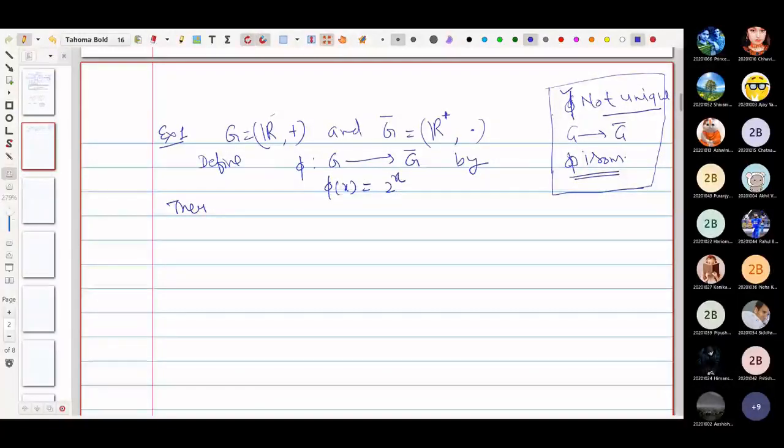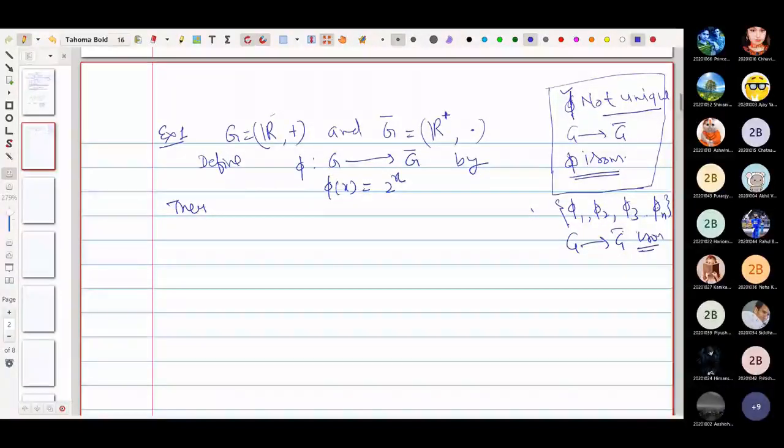So those phi can also be counted. When we put those functions together, suppose there is a phi 1, a phi 2, a phi 3, up to phi n, these are the functions from G to G bar which are isomorphisms.